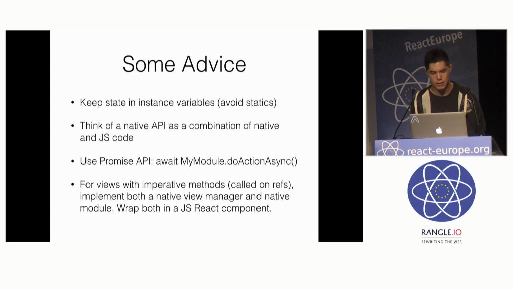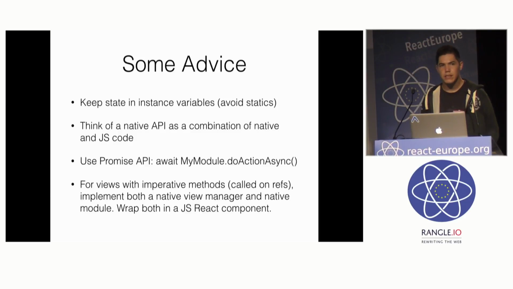And lastly, this is quite specific, but sometimes you want to implement a view that not just has props, but also has imperative methods that you can call on it using the React Ref API. This is something that in the React DOM world we sometimes have, right? You get the ref of a component, and then you can call imperative methods on it.